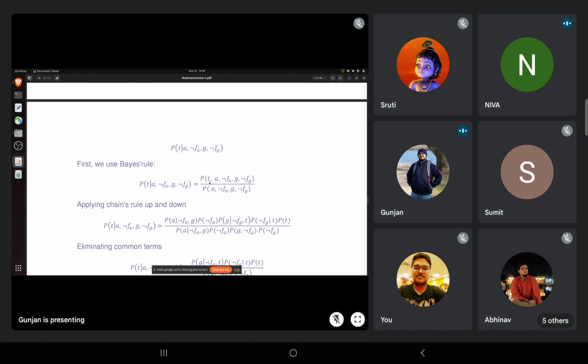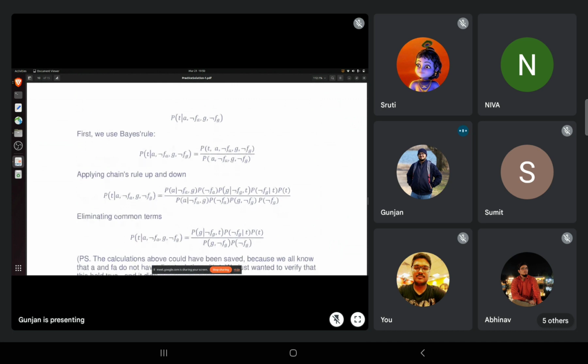So we don't consider T, we don't consider G, and we don't consider not FG. Not FA is a separate variable, not dependent on anyone, so we can just write not FA. Now G is conditionally dependent on not FG and T, and that part we are taking care of. And this FG is dependent on T, so we are writing not FG given T and P of T. That is how we have broken down this particular expression on the top by using the structure of the Bayesian network.